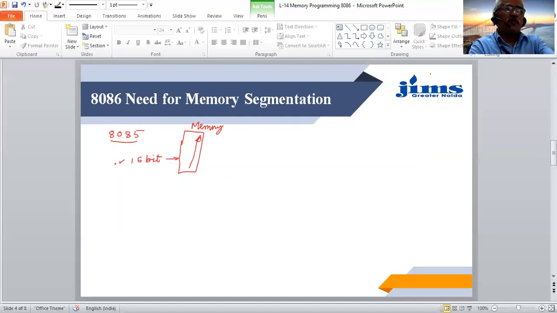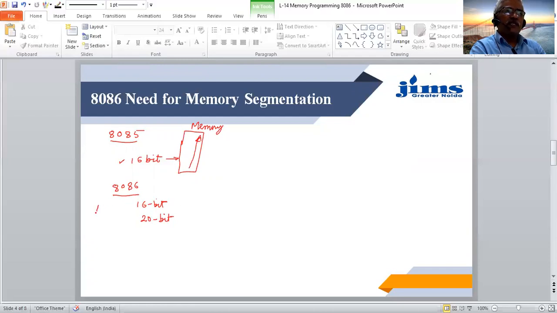But when we talk about a system like the 8086, the difference is that the size of the address registers is 16 bit, whereas the size of the address bus is 20 bit. So these two things are different.